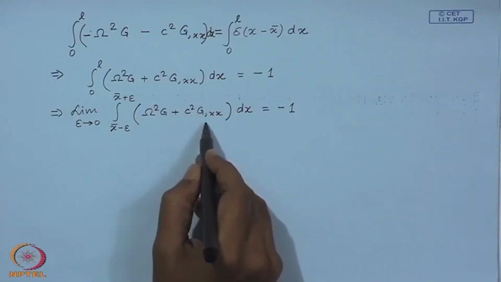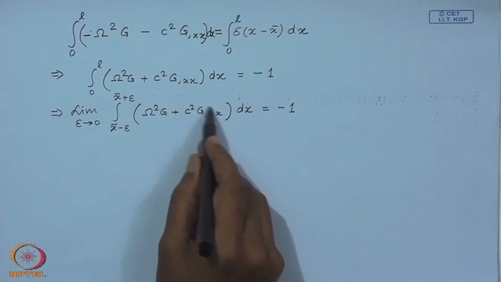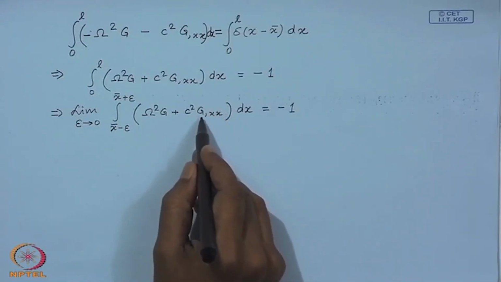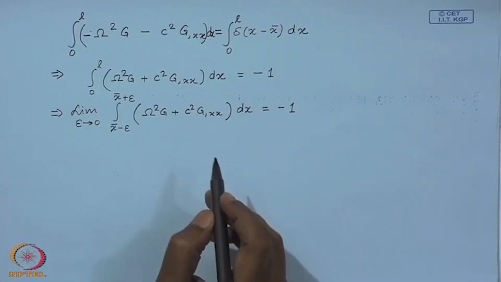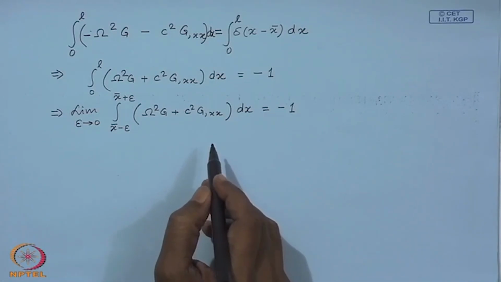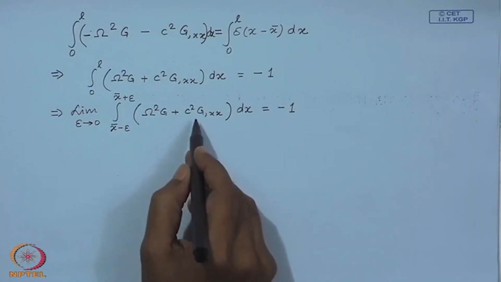This other term is going to contribute, because the first integral of this represents the slope of the string, del G del x. Now, the string does not resist bending moment, so it can have a slope discontinuity.